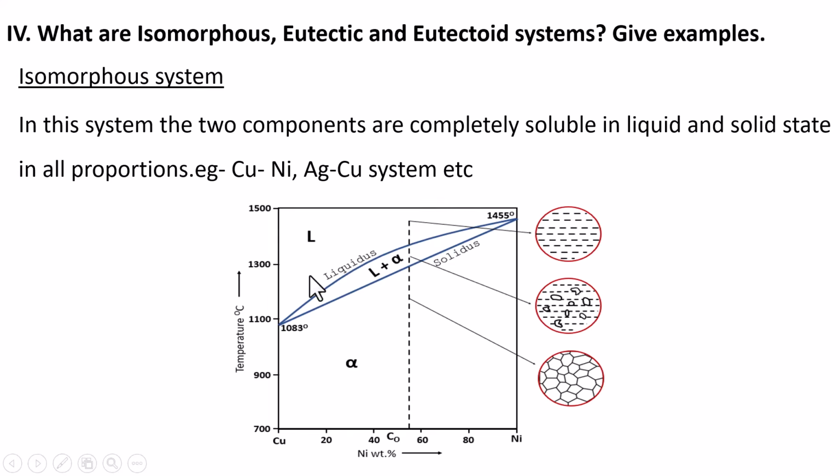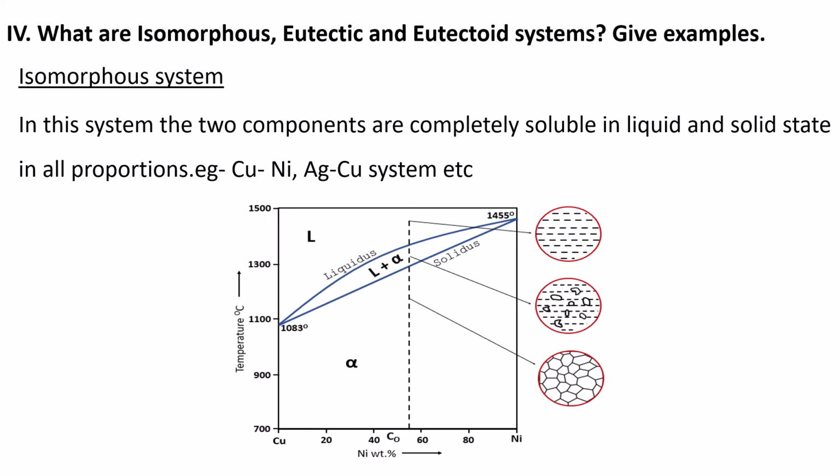Here you can see that we are taking nickel and copper. Here you can see different percentages of nickel: 20% of nickel and 80% of copper, 40% of nickel and 60% of copper, and nickel is increasing along the x-axis.